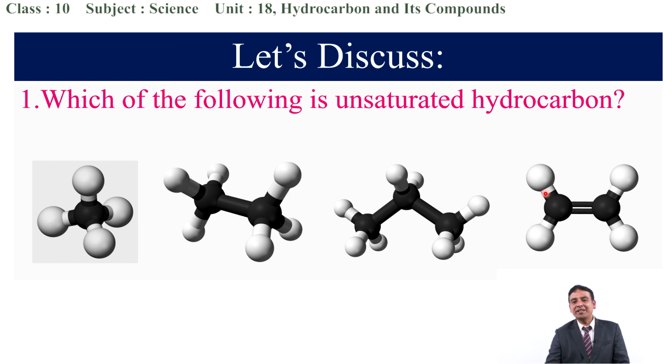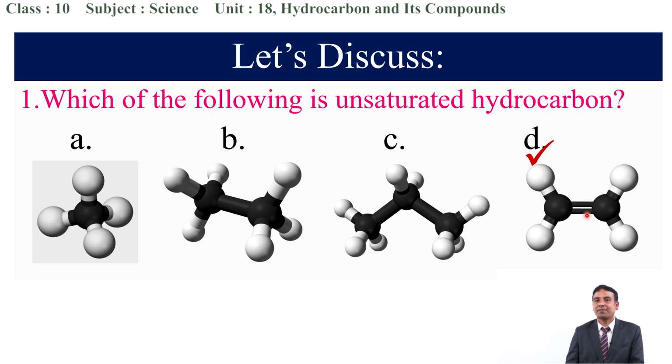Obviously, between this carbon and this carbon, you will see the double bond. So double bonded as well as triple bonded hydrocarbons are called what? The unsaturated. So out of these 4, which one is the correct option? Obviously, this fourth one. Which option did you tick while discussing? Fourth, correct. Okay, you are correct.